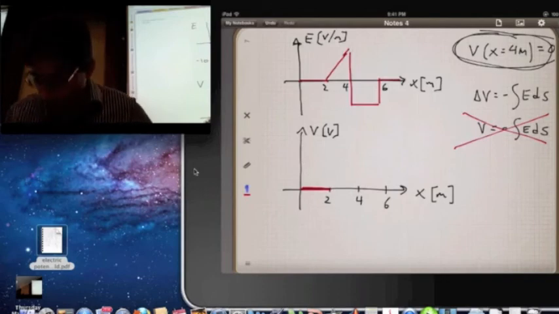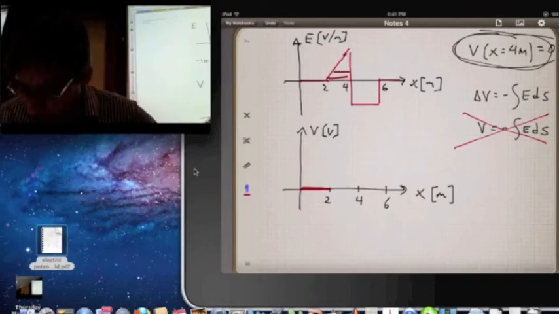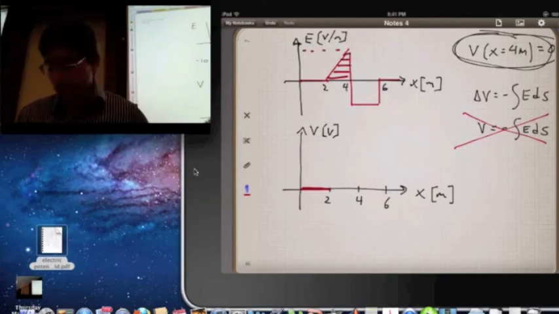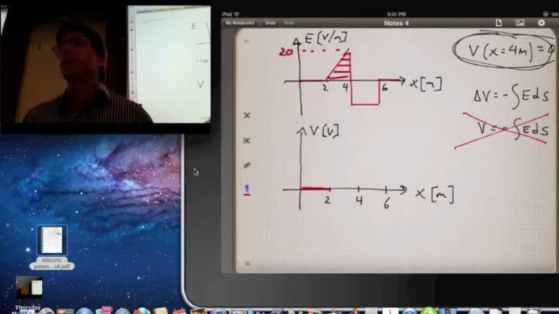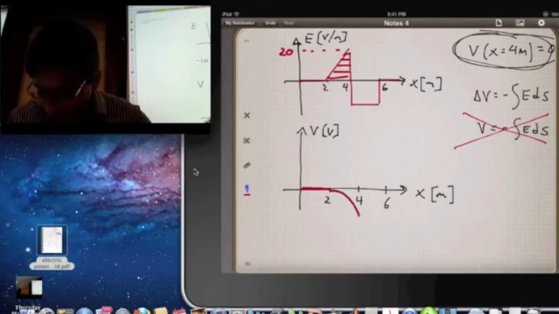When you are at x equals 4, what is the area under that curve? I see that the area is going to be a positive number, so my potential at 4 is going to be a negative number. I know that for sure. I know that the shape is going to be a parabola, right? Because the integral of a straight line is a parabola. So it's going to be a parabola that's going to take me from here to some negative number. So it's going to go like this.